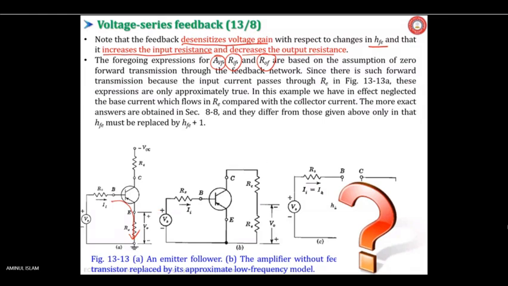So the expressions are only approximately true. In this example we have in effect neglected the base current. Could you understand, Aman? Yes or no?